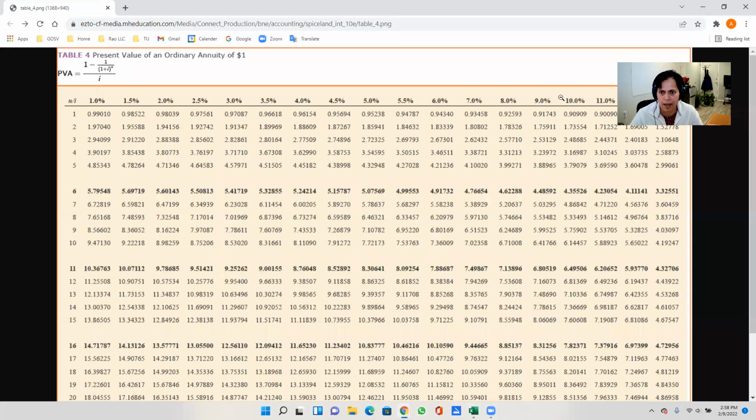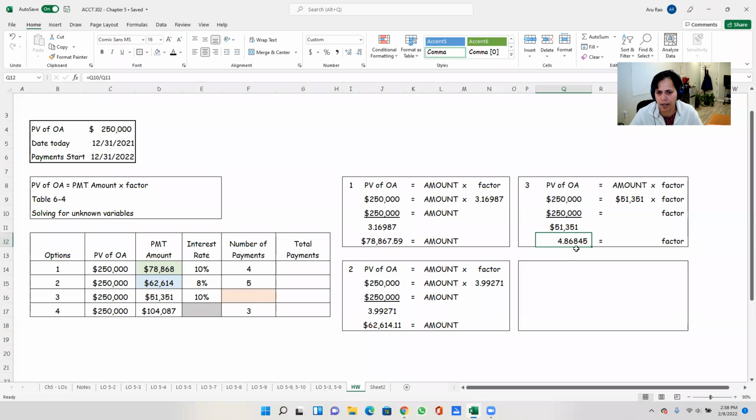Okay. 10%. Okay. We are looking for the factor, 4586842. Now go and see what the number of payments is, 7. So what I did was, again, to let you know what we did. I know the interest rate is 10%. I know the factor.